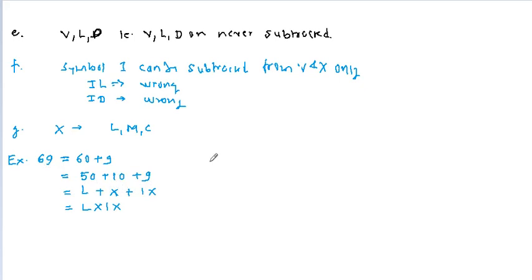Let's see another number, 98. 98 can be written as 90 plus 8. For 90 we use X and C. We know X is used for 10 and C is for 100. So we will first split the number into 100 minus 10 plus 8. For 100 we use C, and for 10 we use X. To subtract X from C, X is written to the left of C. Then it will become 100 minus 10, that is 90.